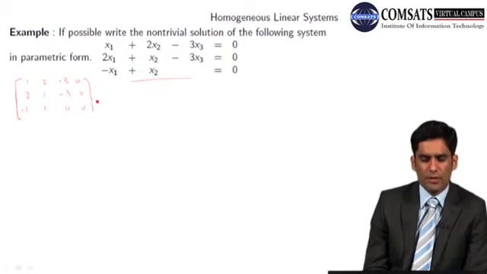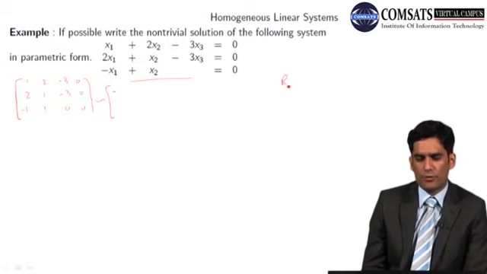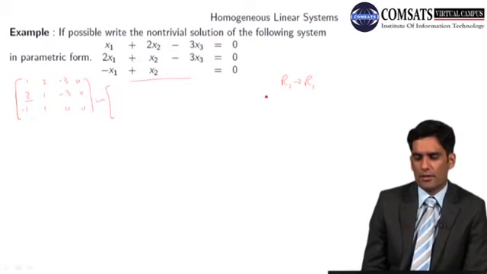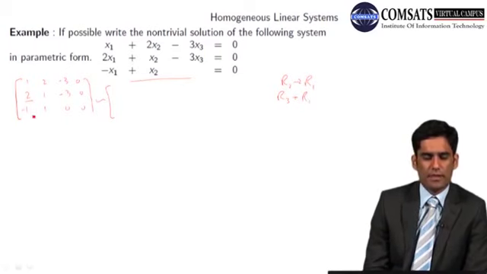Now I will do row operations. What row operations do I have to do? r2 minus 2 times r1, that will make this element 0, and r3 plus r1, that will make this element 0.